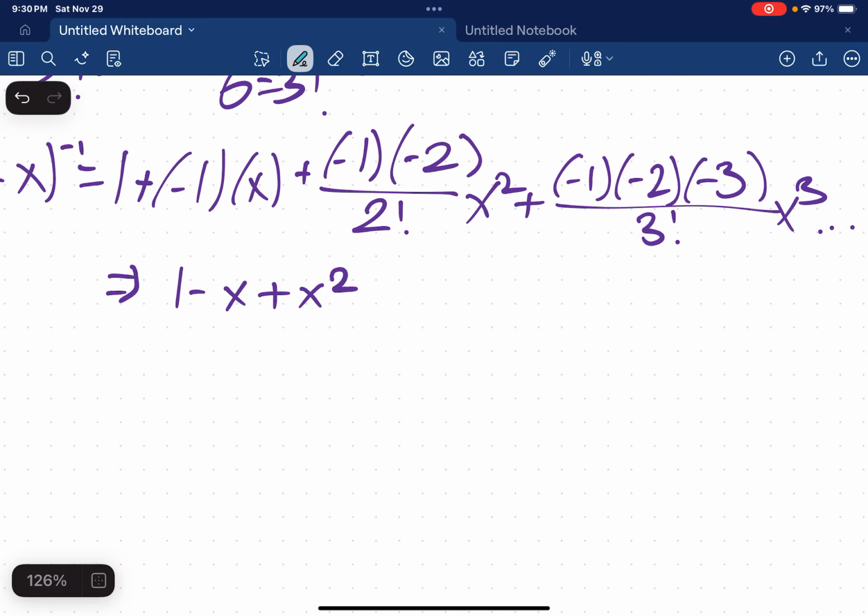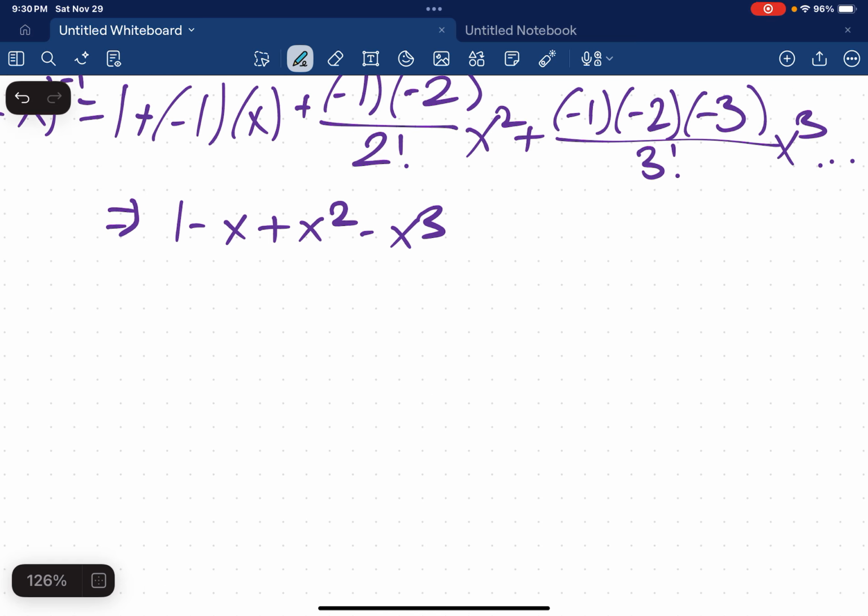The 3 on the bottom is 3 times 2, so they cancel out on top, giving us a minus x cubed, and that is our answer.